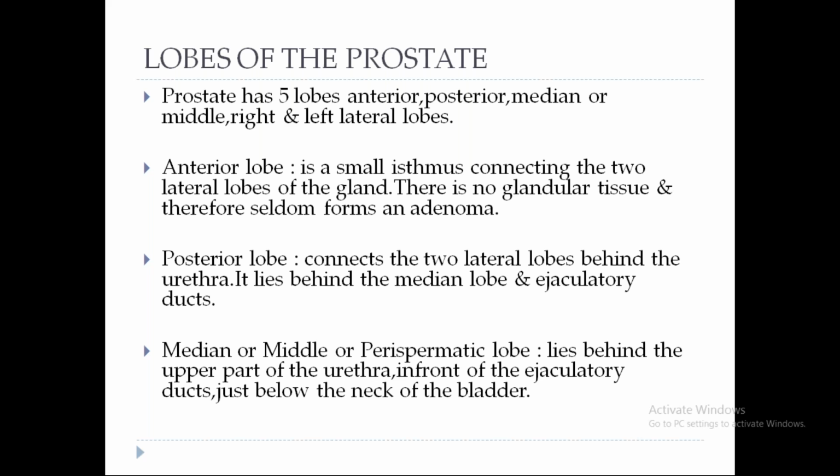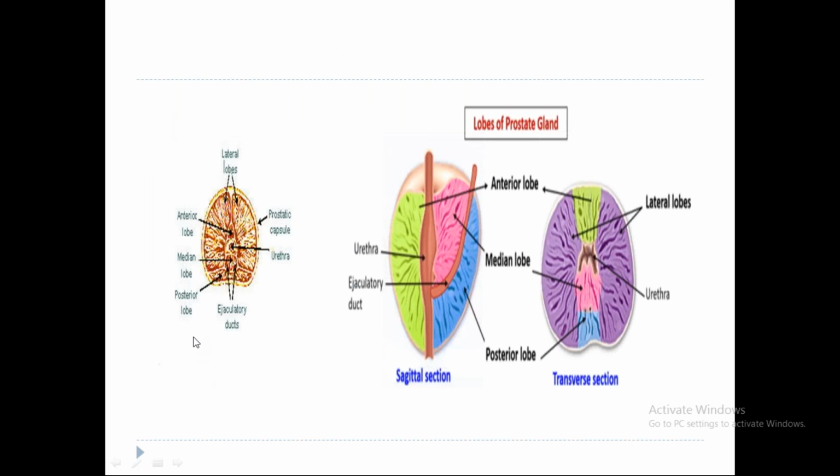The median or middle or perispermatic lobe lies behind the upper part of the urethra, in front of the ejaculatory ducts, just below the neck of the bladder. Remember this median lobe just below the neck of the bladder. I'll show you in the later pictures what will happen if this median lobe is enlarged.